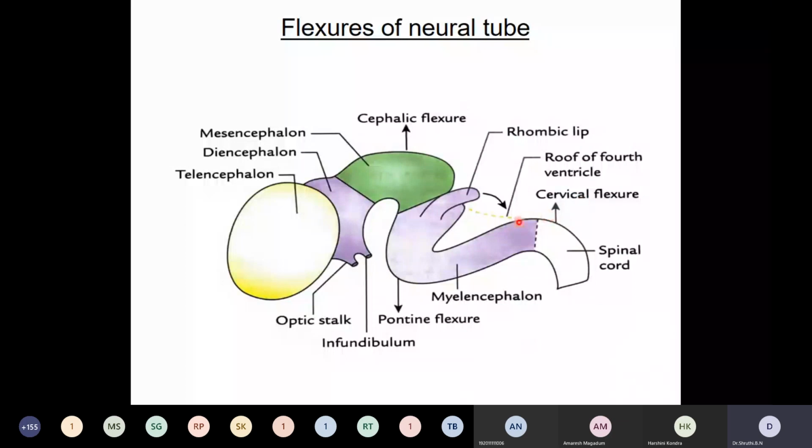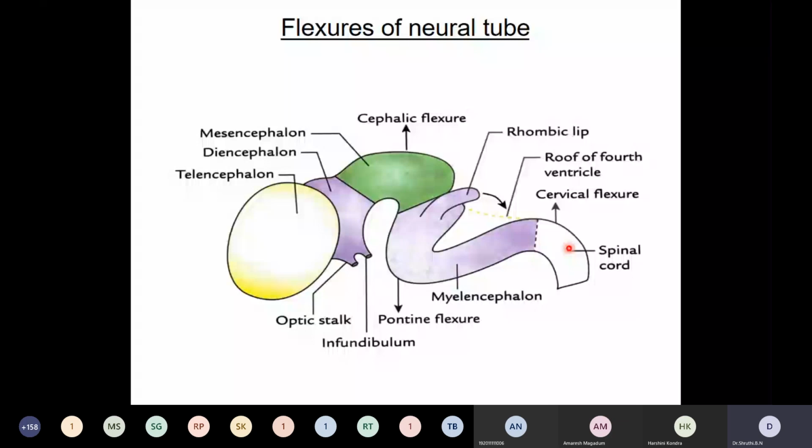The first flexure is the pontine flexure. The pontine flexure lies at the middle of the rhombencephalon at the junction of the myelencephalon and the metencephalon. It presents a ventral convexity. Then you get the dorsal convex flexure, called the cervical flexure, that lies at the junction of the rhombencephalon and the spinal cord.